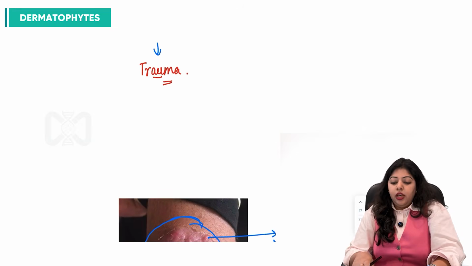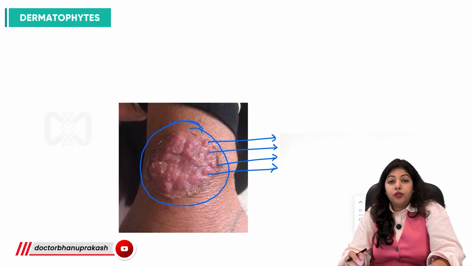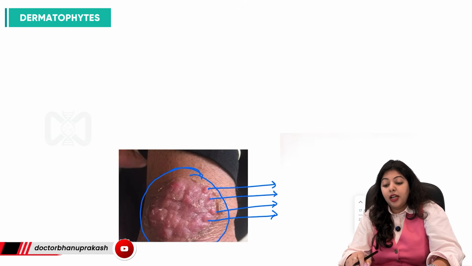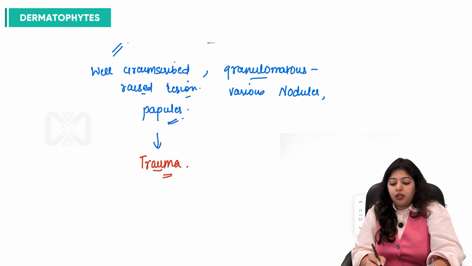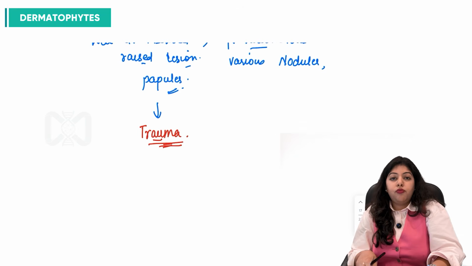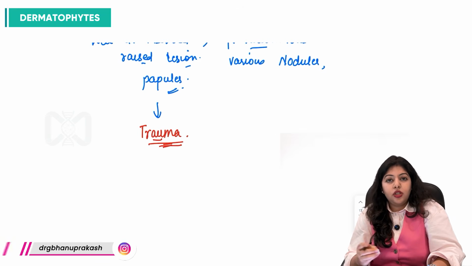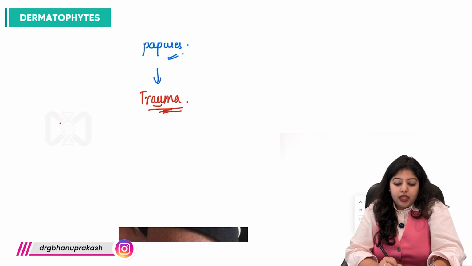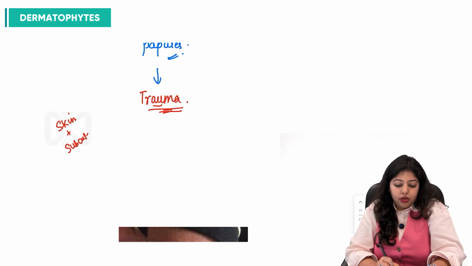One important point is that this can be formed in certain females who have the tendency to shave, right? But these can be associated with some form of trauma initially, which later forms into these papular nodular lesions, which involve the skin as well as the subcutaneous tissues, right?